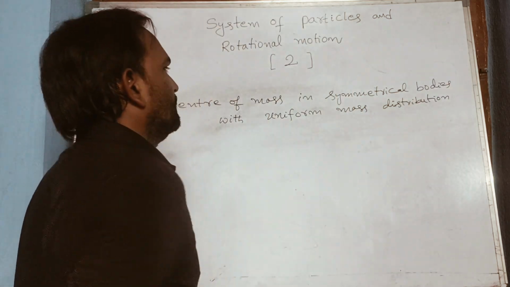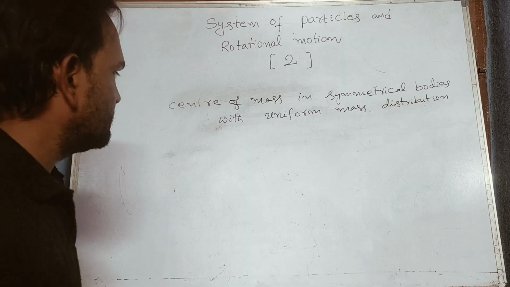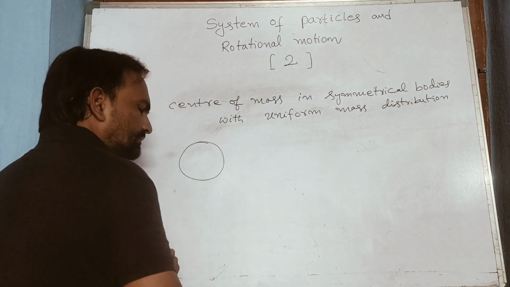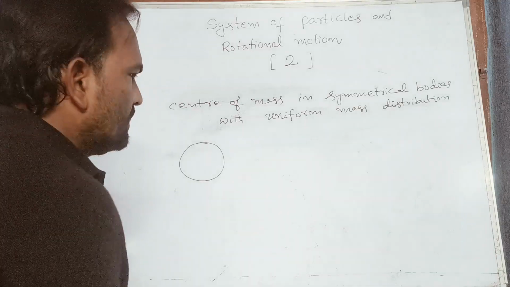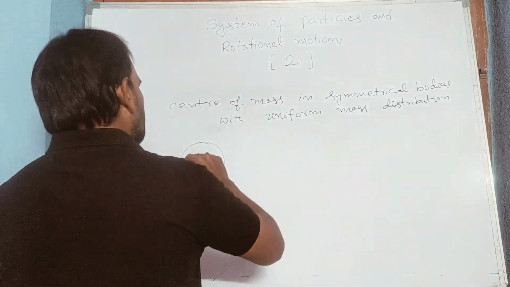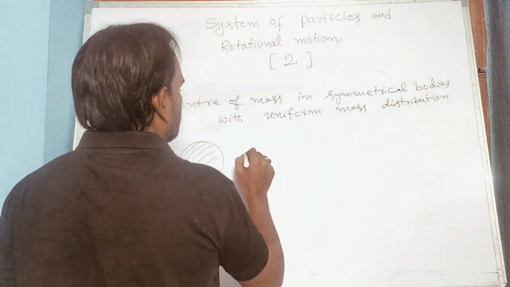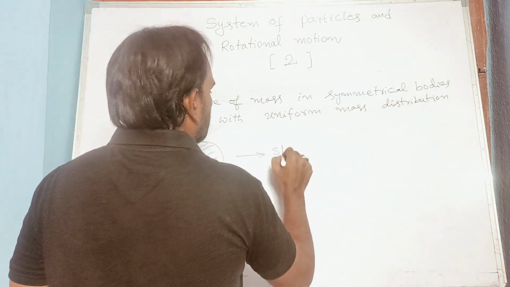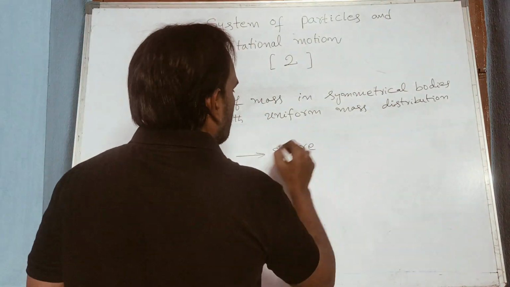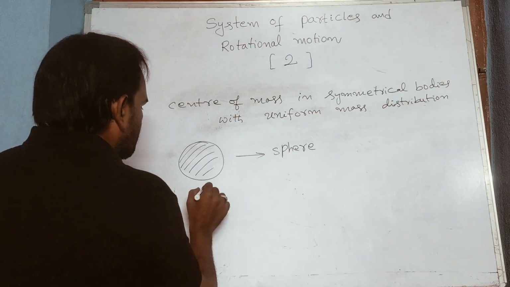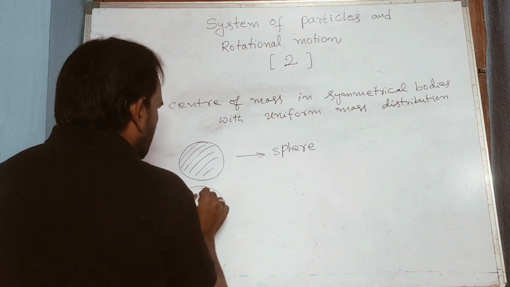Okay, students. So what are symmetrical bodies? Simple: one is a sphere, solid sphere or hollow sphere. Another one is a circular ring.